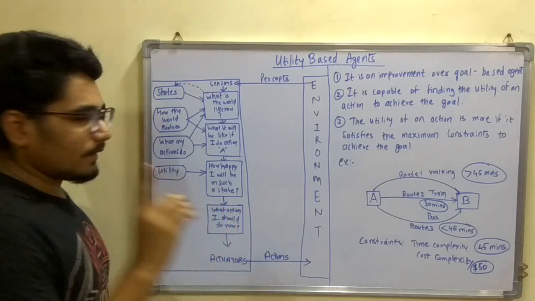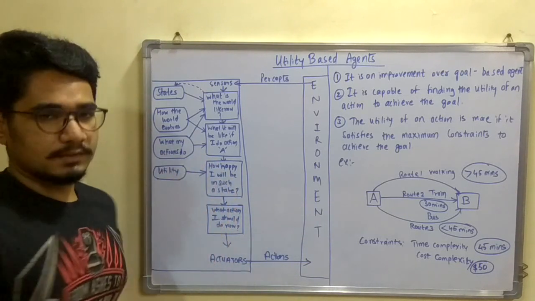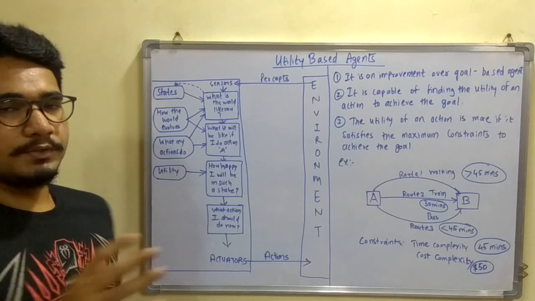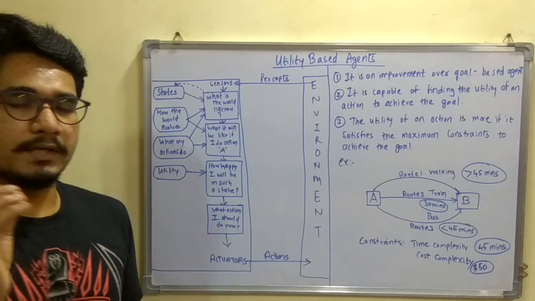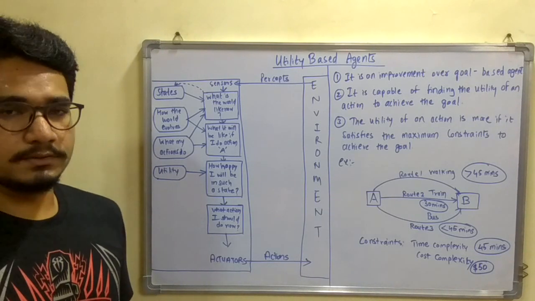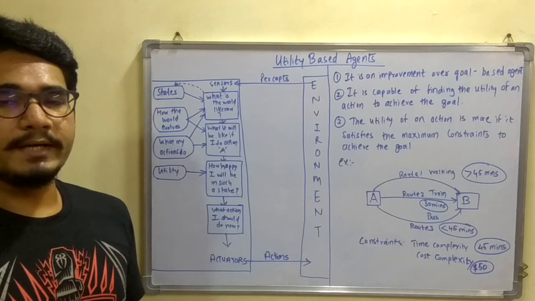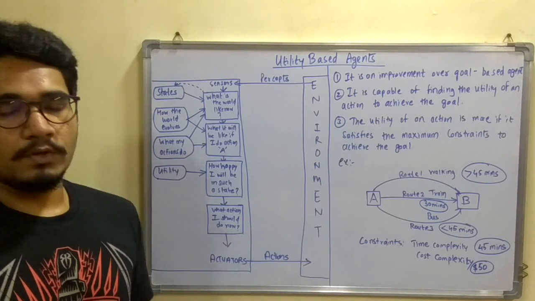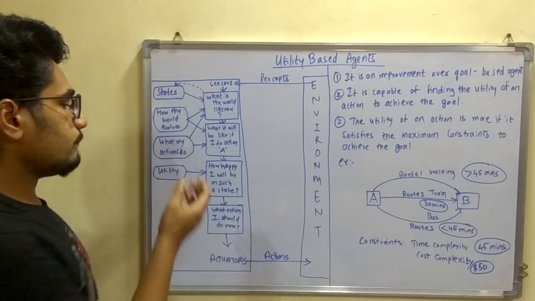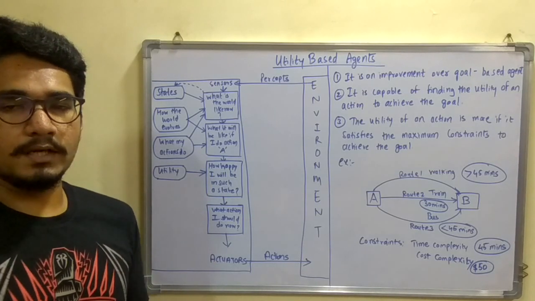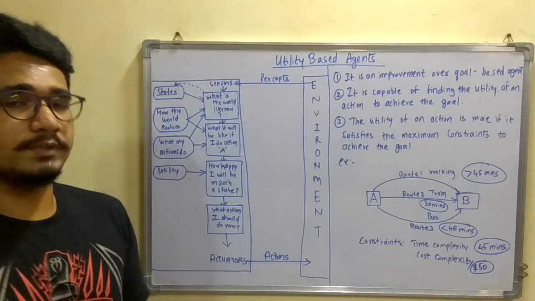And this utility derives from a particular state. Now that state is how happy will I be in such a state. Now if the agent uses one kind of utility, for example utility A, and it reaches the goal, then it will decide whether this decision was rightly taken by the agent to reach the goal, or whether another option was better than this, or whether I should have done any other alternatives to reach the goal.